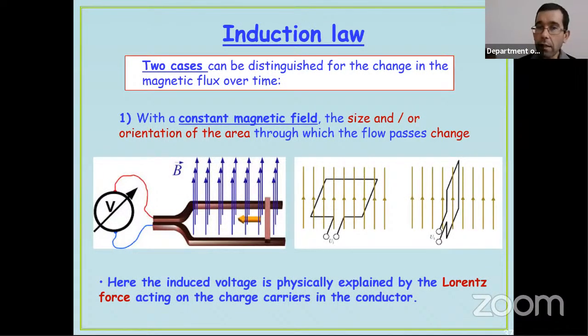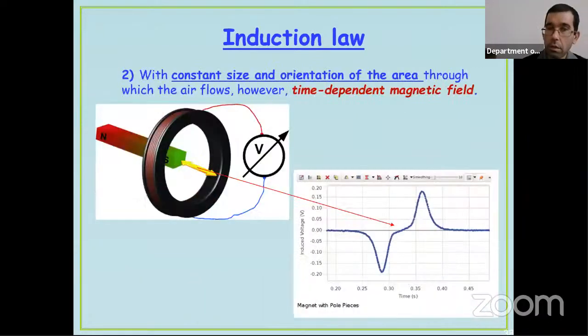And there are two ways we can induce voltage. First of all, with a constant magnetic field, we can change the size and the orientation of the area. If we, for example, rotate a current carrying loop in a constant magnetic field, the voltage is explained by the Lorentz force acting on the charge carriers in the conductor.